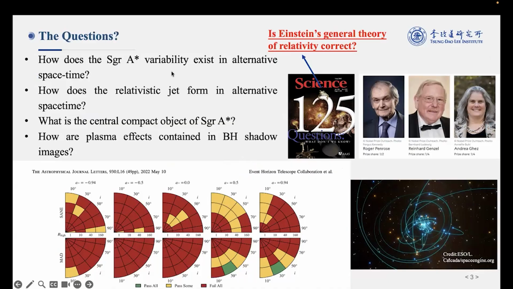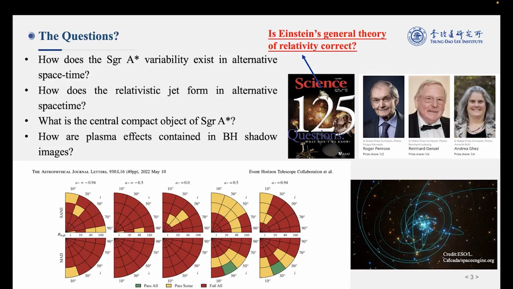The observation that we have made of Sagittarius A star has a huge problem compared to the GRMHD models that we have performed with the Kerr solution and plasma physics. The variability of the GRMHD model in the light curve is too high compared to the observations. And this is a big puzzle for Sagittarius A star observation that we still try to understand.